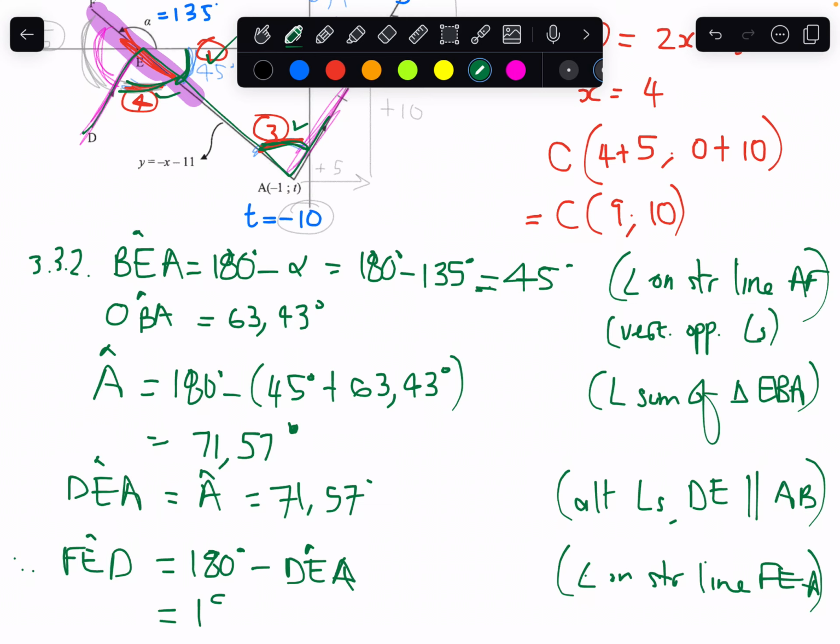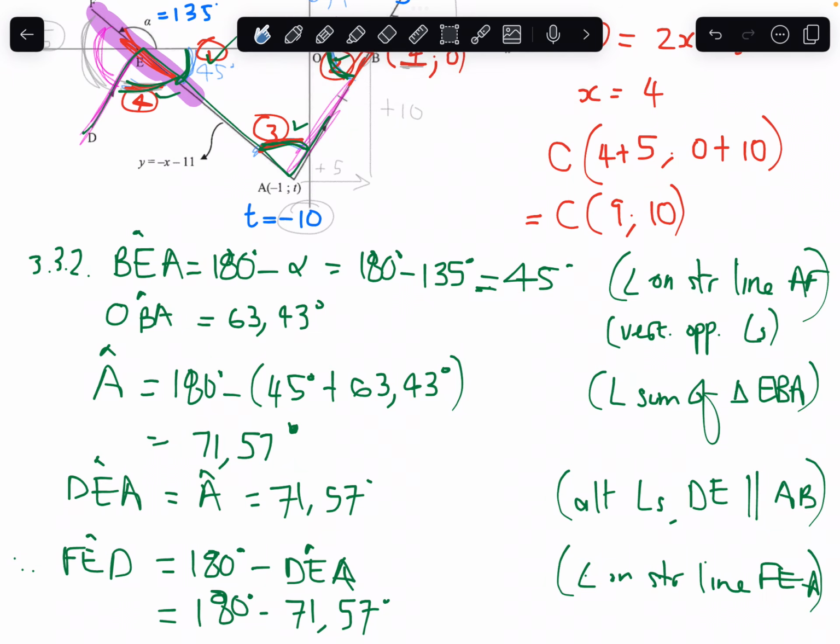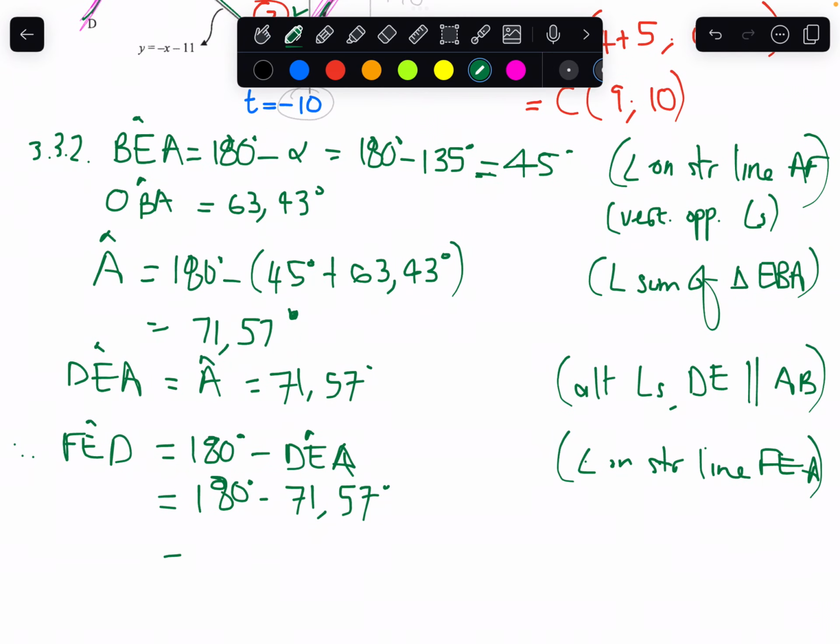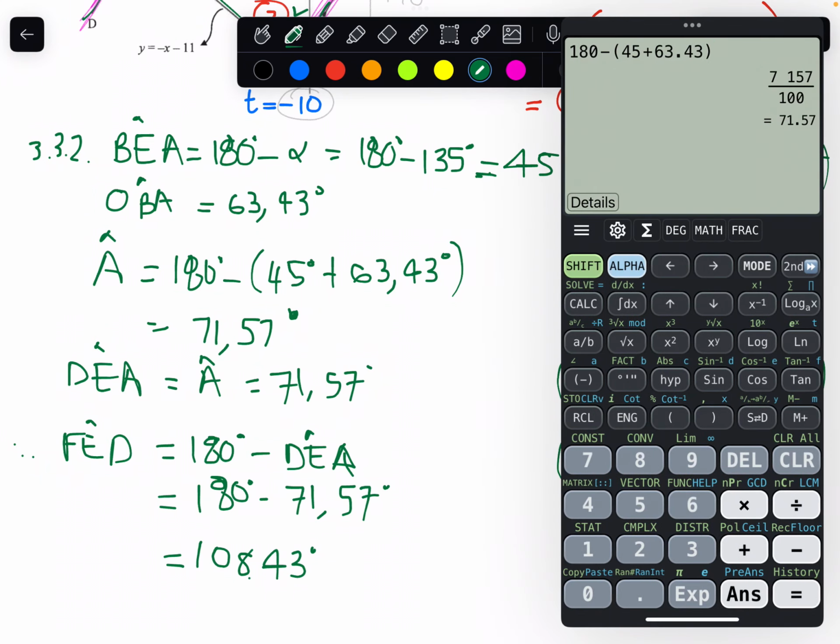So that is 180 degrees minus 71.57, and that gives us 108.43, I think. Let's double check that. 180 minus 71.57.